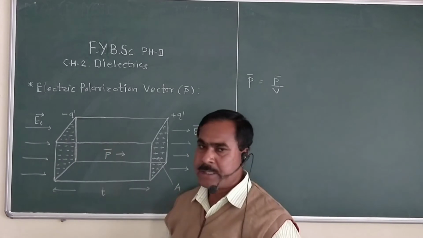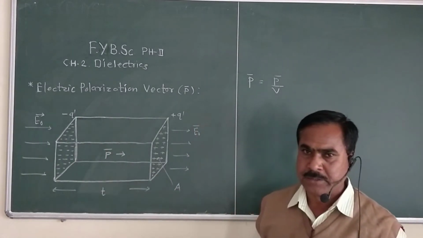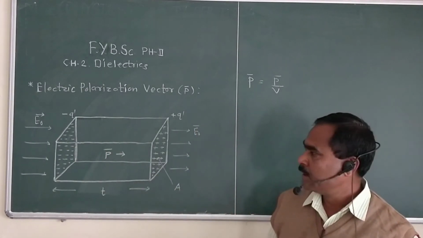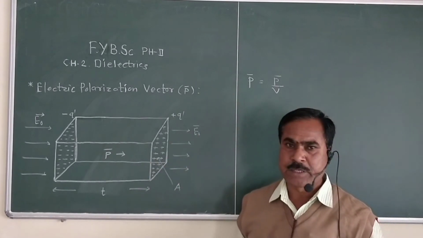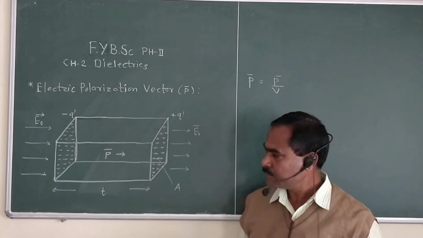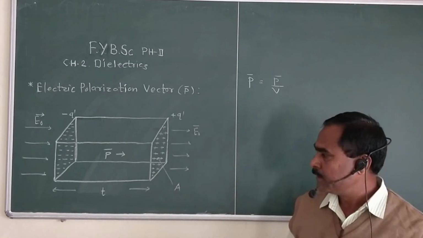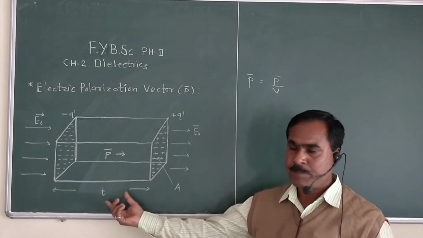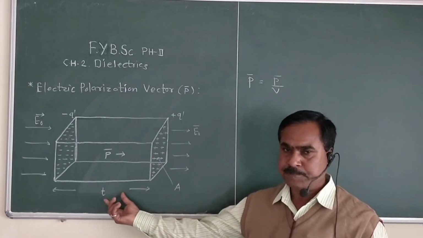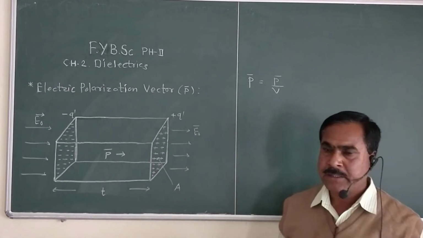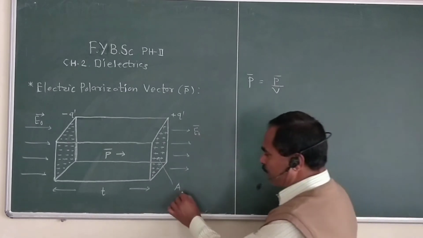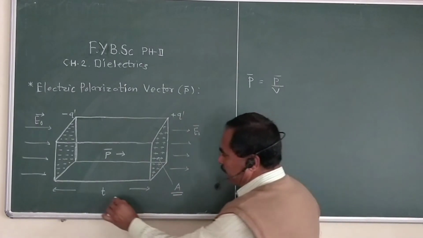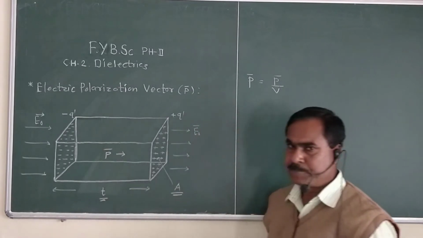So E naught bar is the uniform external electric field within which we place this dielectric material. Here we consider the thickness of the dielectric material is t and the cross-section area is A.